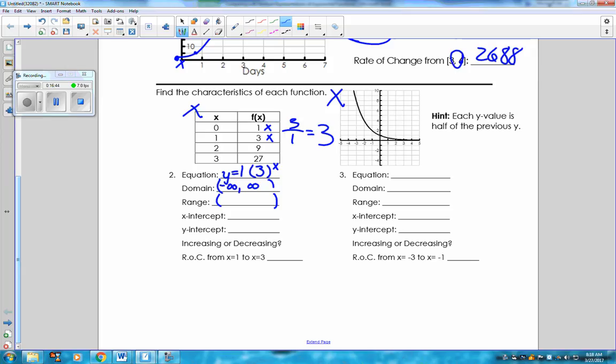So what would my range be? Would it be 1? Zero to infinity.